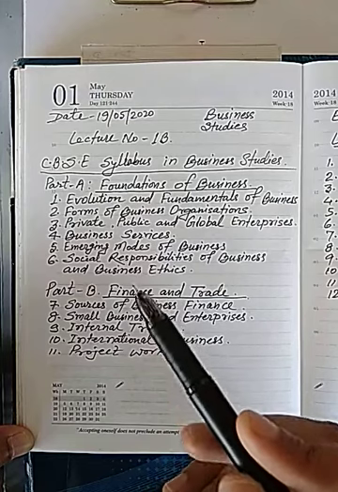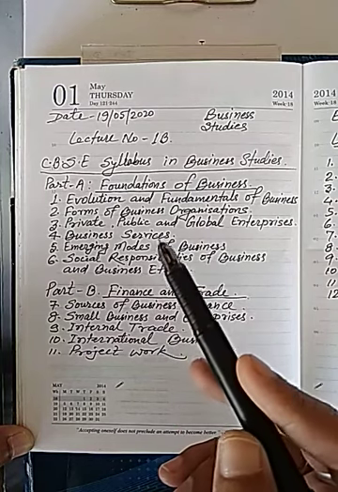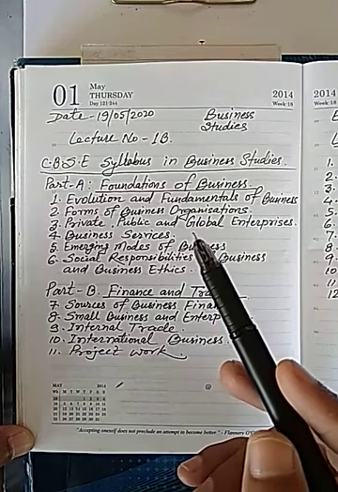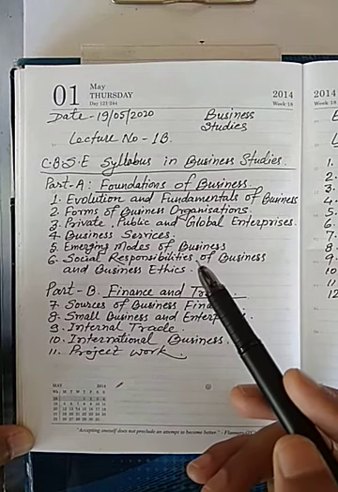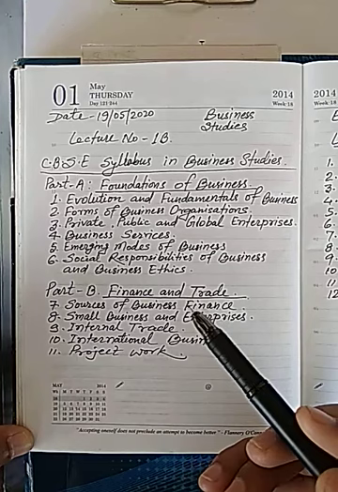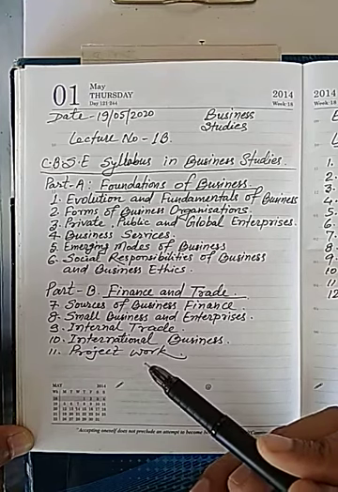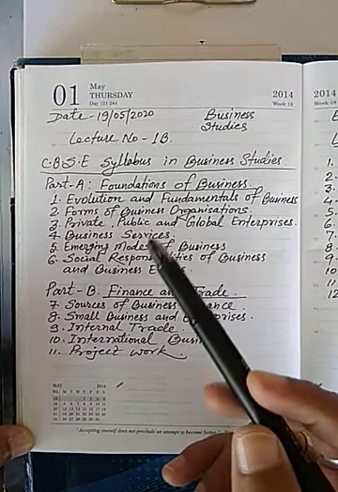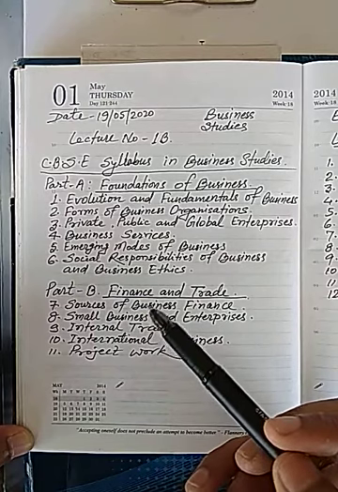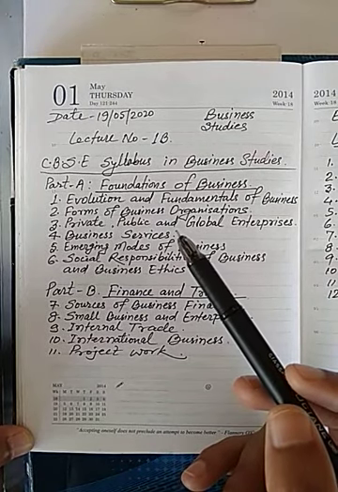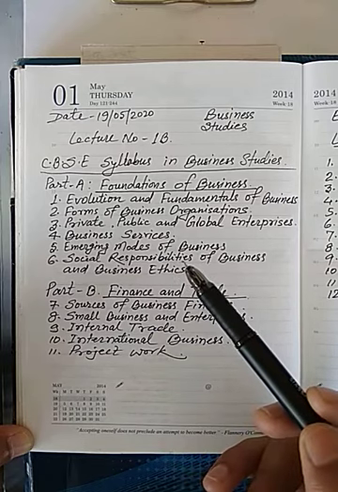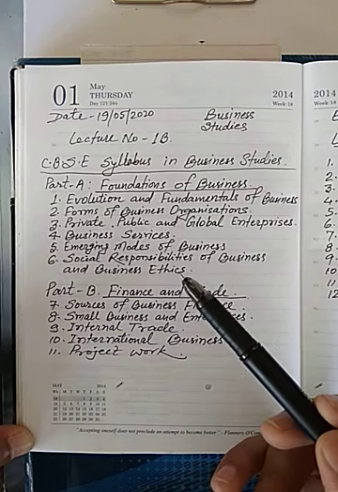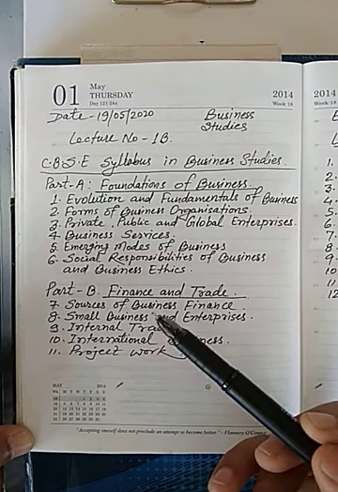One paper will be for 3 hours and for 80 marks in theory and 20 marks in project work. So these are the chapters of business study which we will study in class 11th.